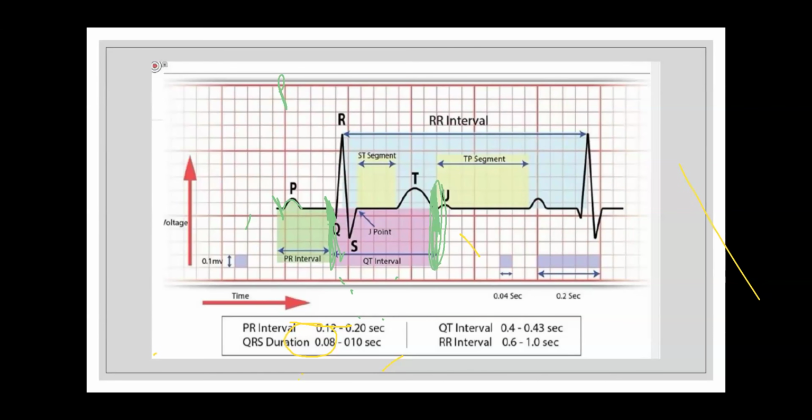So it consists of the QRS complex plus the ST segment, which is marked with the yellow color, and it contains the T wave. So QRS, T wave plus ST segment comprise the QT interval.